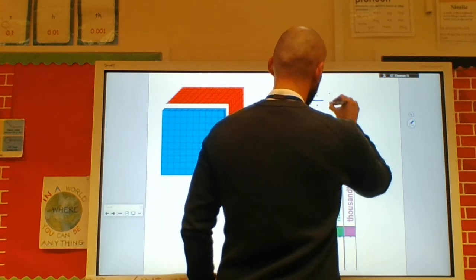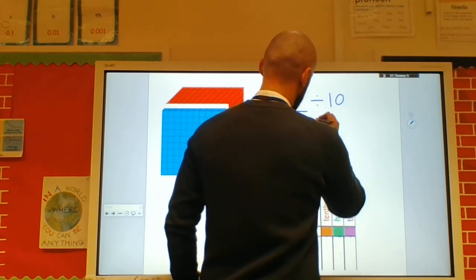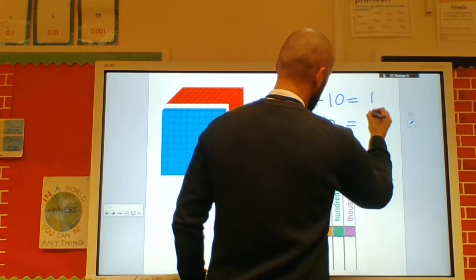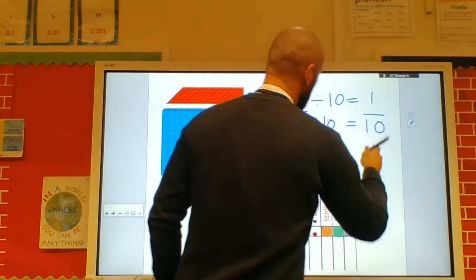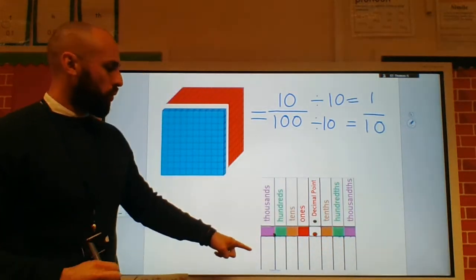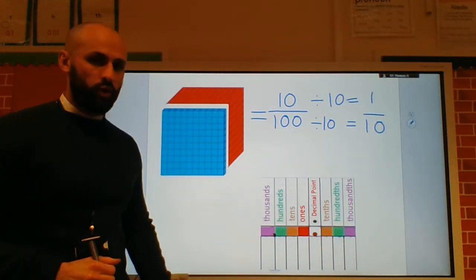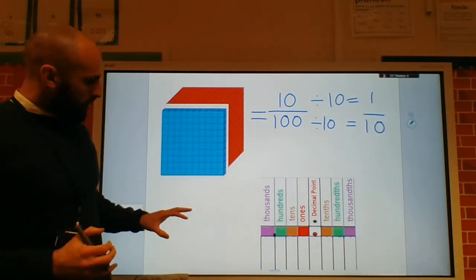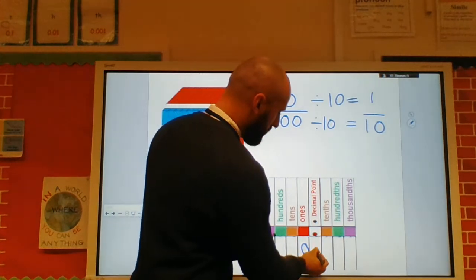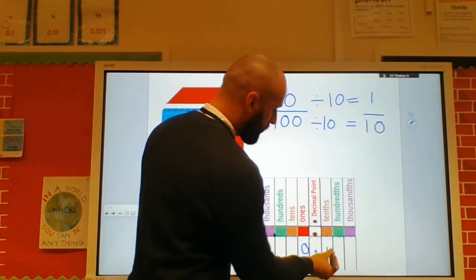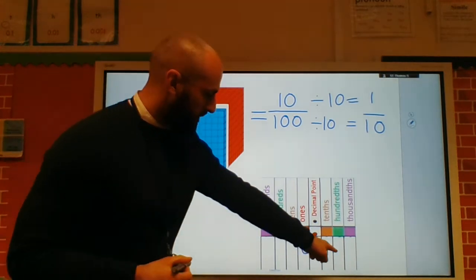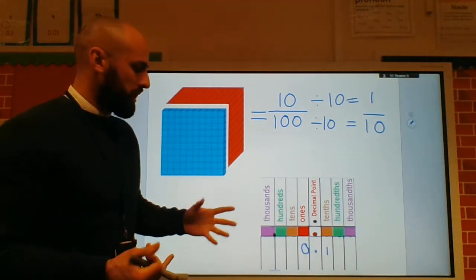So that is now 1/10. I could call it 1/10. Well, let's look how we write 1/10 as a decimal fraction. Do I have a whole number? No, I don't. 0 there. Decimal point. I've got 1/10. And remember, I don't have to put that 0 in because it's not a placeholder.